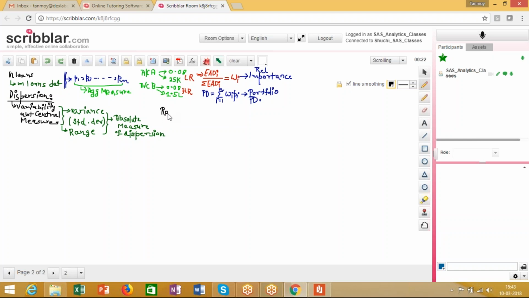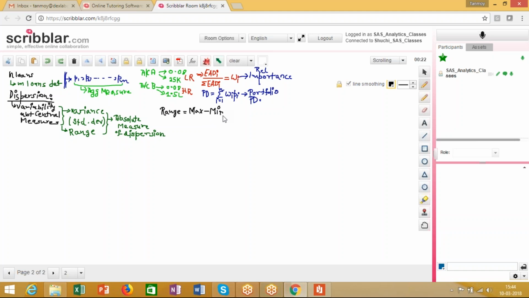Range is nothing but maximum minus minimum. Range is the maximum value minus the minimum value.